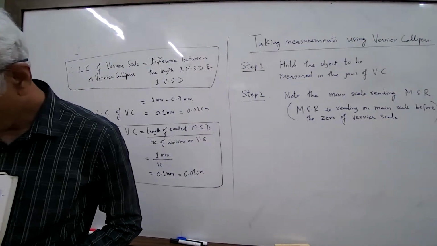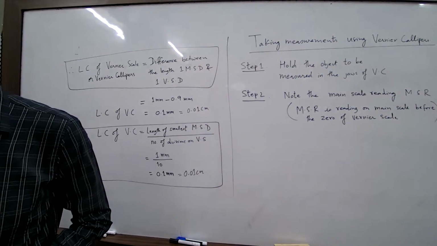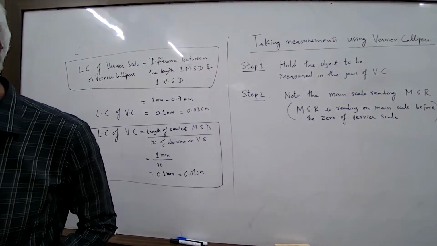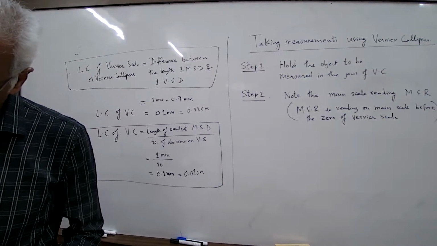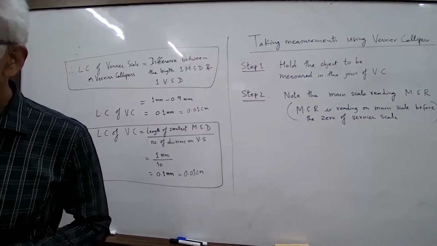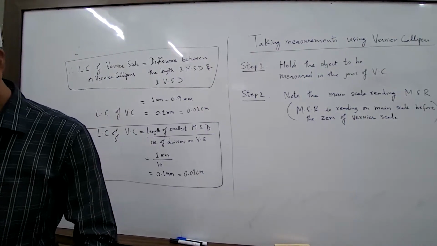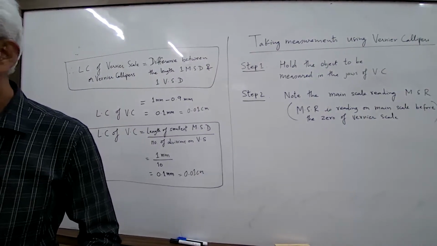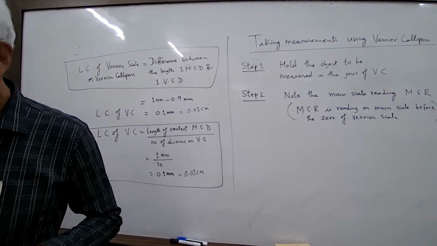So you can see this diagram, figure 1.2 in your book, for main scale reading. So what is the main scale reading? The main scale is this scale, the bigger one shown below, and the vernier scale is shown above, 0 to 10.